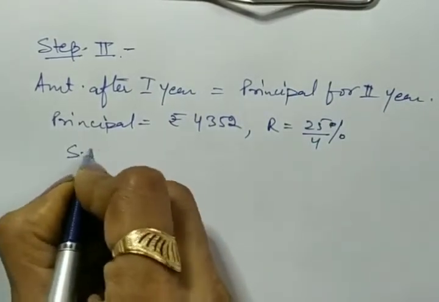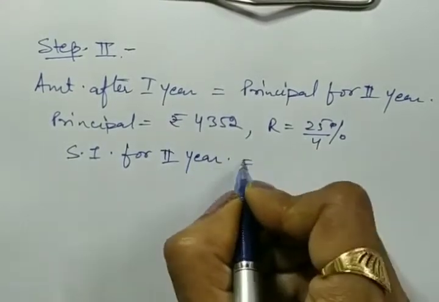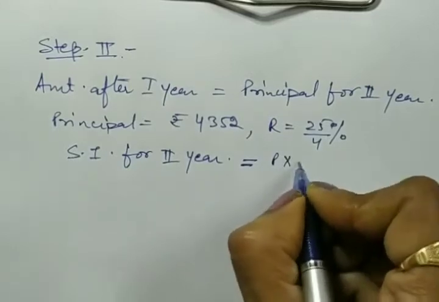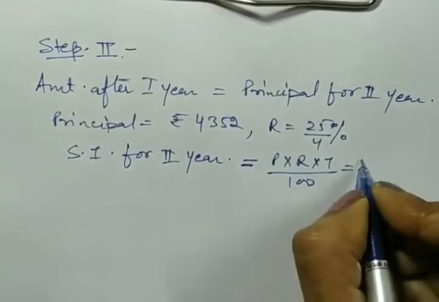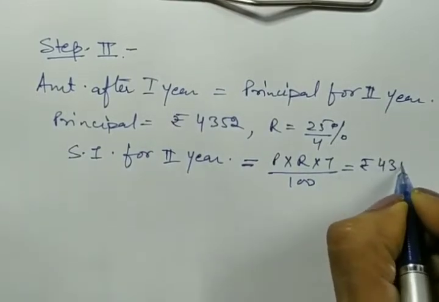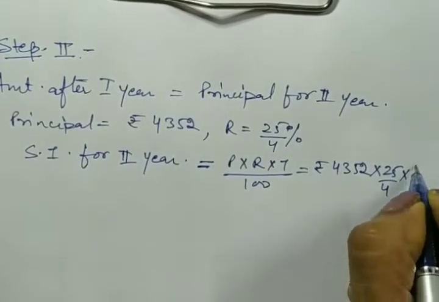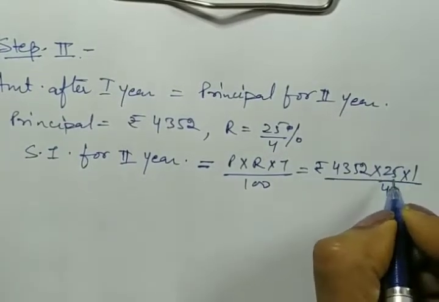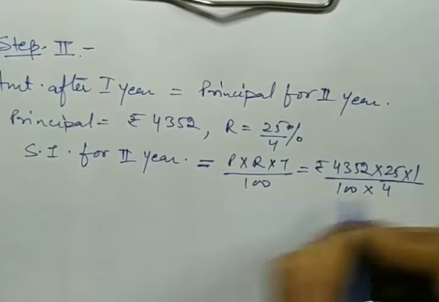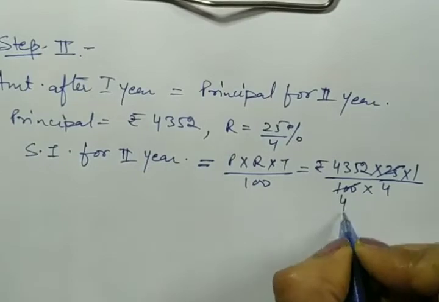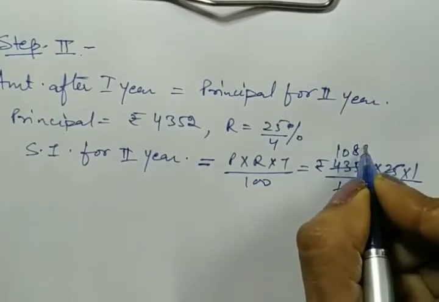And now we have to find the simple interest for second year. Apply the formula, that is principal into rate into time upon 100, where principal is rupees 4352, rate 25/4 and time is 1 year, as we are finding the simple interest for second year only, divided by 100. 25 4s are 100, 4 ones are 4, 4 eights are 32, 4 eights are 32.